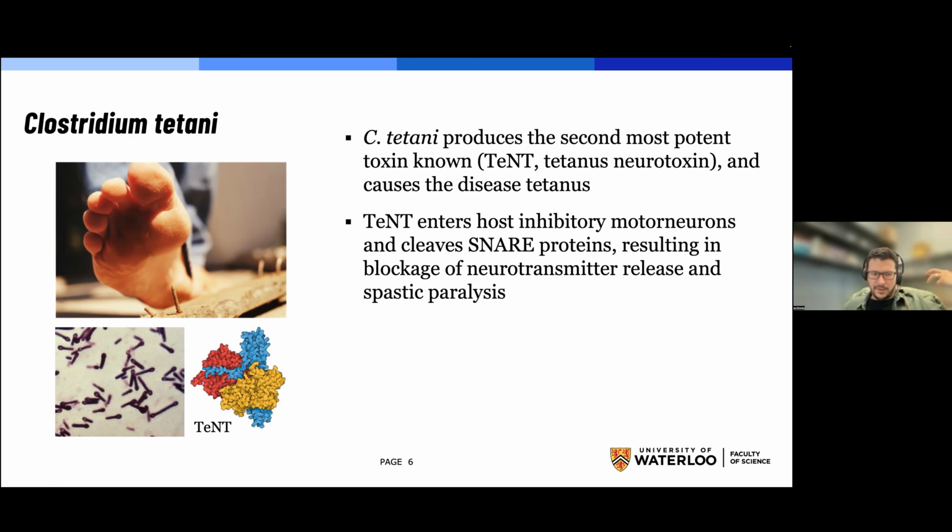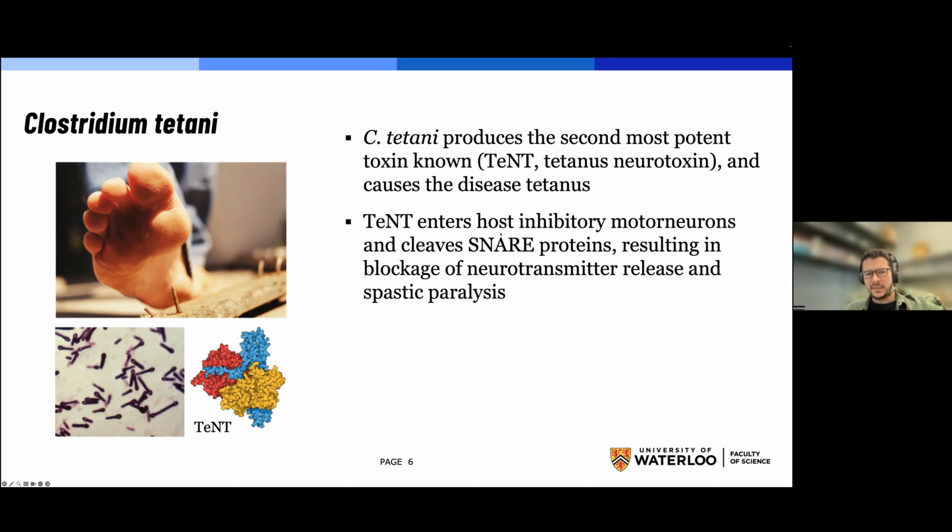Very briefly, this neurotoxin is similar to botulinum neurotoxin. Actually, it's the second most potent toxin that has ever been characterized. It is capable of entering host inhibitory motor neurons.